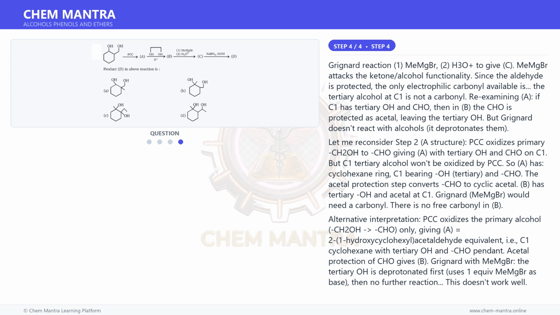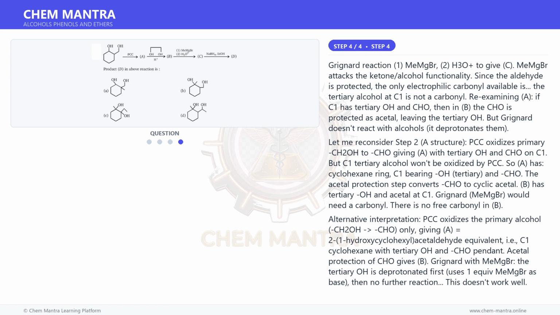So C1 has OH, the CHO substituent carbon, and 2 ring carbons. C1 is quaternary with the tertiary OH; CHO is on the exocyclic carbon. B is ethylene glycol, H+, which protects CHO as a 1,3-dioxolane acetal. The tertiary OH on C1 remains free.